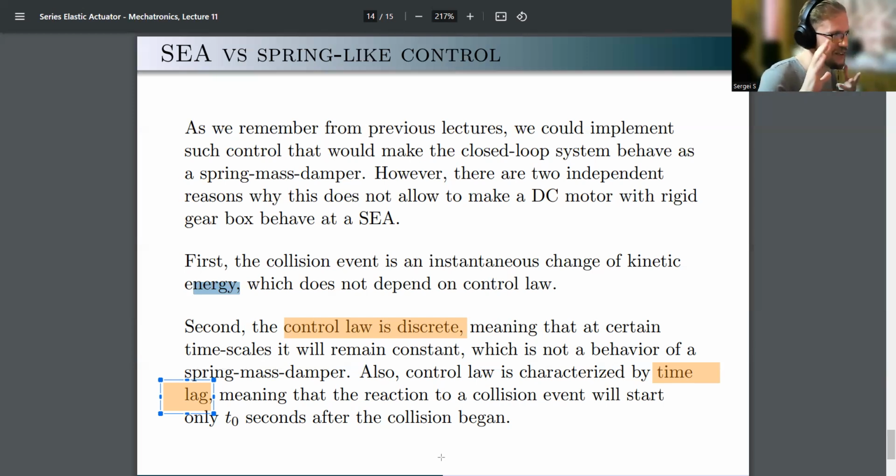Everything bends, everything slowly changes its velocity. Kinetic energy rapidly becomes potential energy stored in those deformations, then it is rapidly released back. And if the speed of those deformation processes is, roughly speaking, similar to your discretization step, your control frequency, or if it is roughly on the same scale as your time lag, then maybe you could, in fact, use programmatic control to deal with all of this, right?